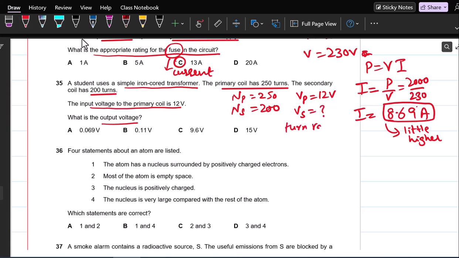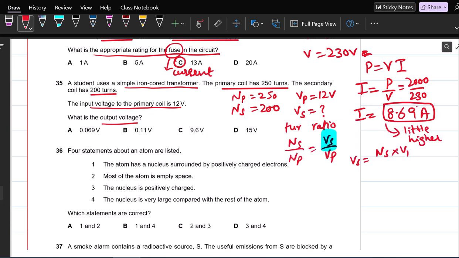Turn ratio says Ns over Np is equal to Vs over Vp. And we are interested to find this Vs. So it will be Vs is equal to Ns times Vp over Np.